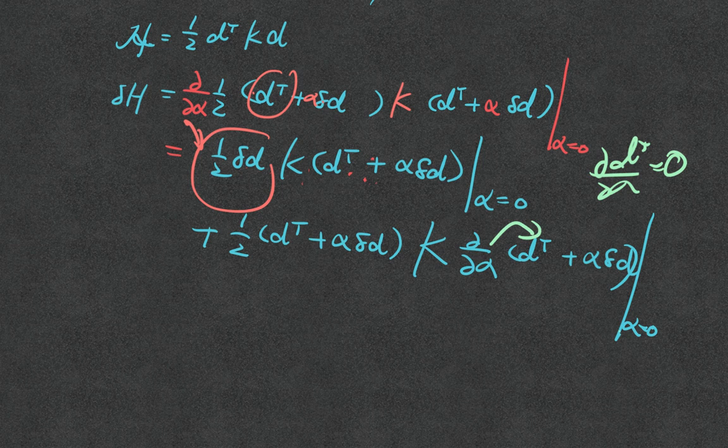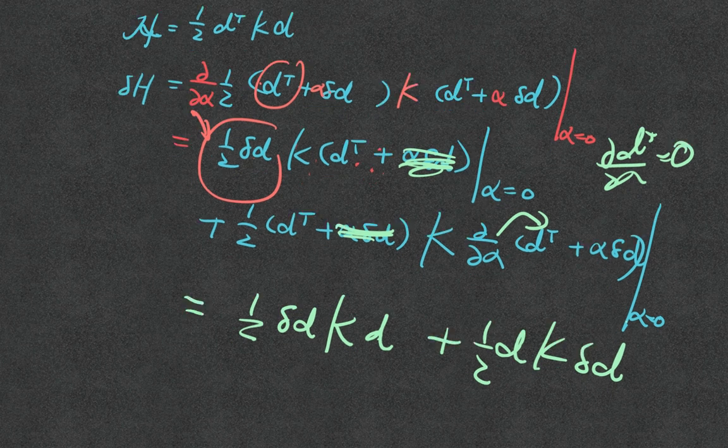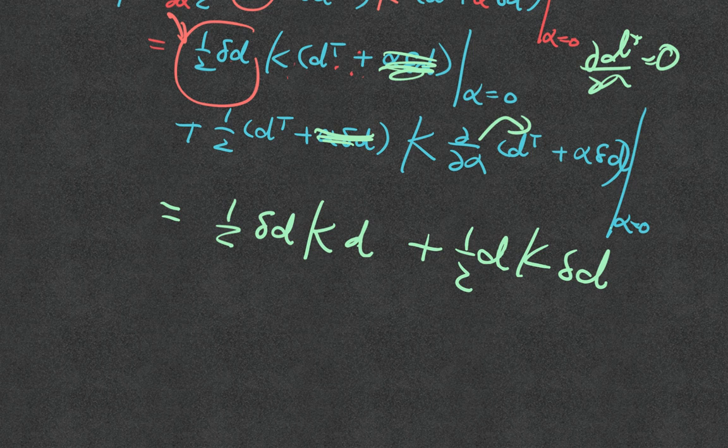Because alpha equals 0, this term cancels out, this term also cancels out, so I end up with simply this, with dk. Because k is symmetric, I combine them together, take out the 1/2, and I end up with just this term. Does that make sense?